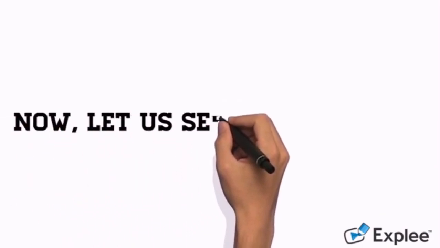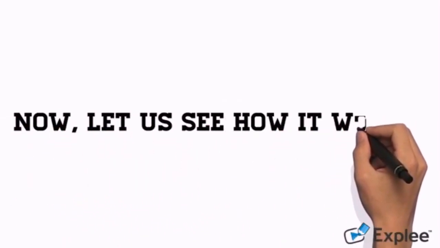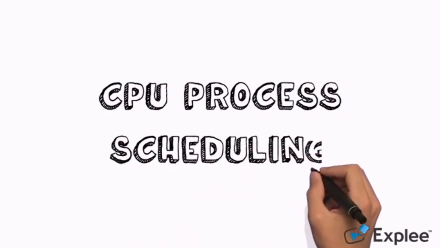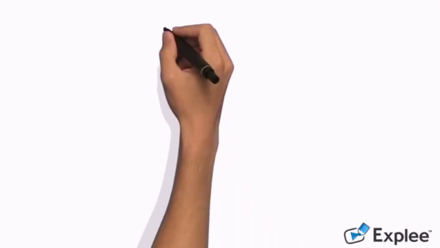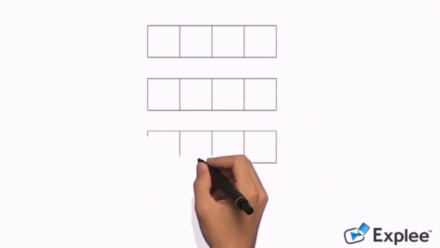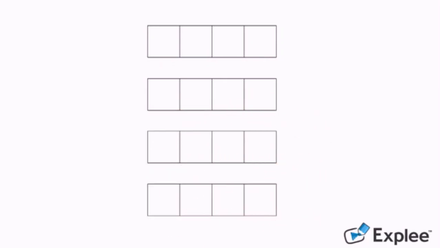Now, let us see how it works. Now let's see how the CPU process scheduling works. In this algorithm, the processes are grouped according to their types. Once the queue is ready, it is then divided into several small queues.